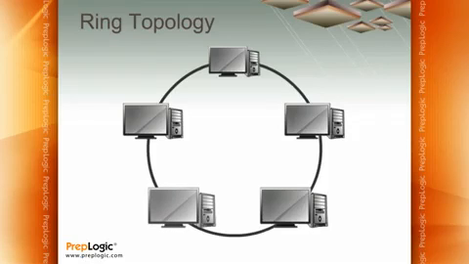If one computer wanted to talk to another computer, it would send its packet out on the ring, and that packet would move all the way around the network until it got to the computer with the corresponding MAC address. At that point, that computer could also send data, or it could just pass, as it were, and move an empty packet along, and then if somebody needed to send something, they would just send it along, otherwise they would just pass. That was what we called a ring topology.